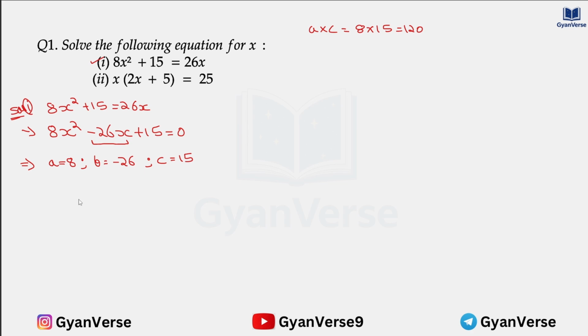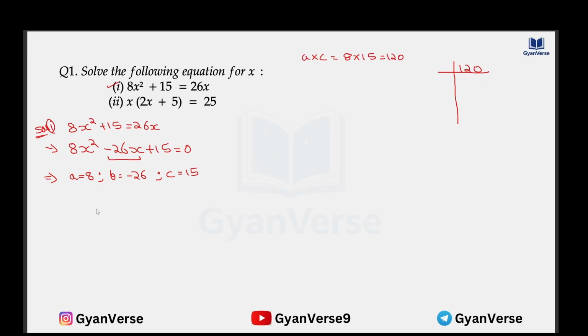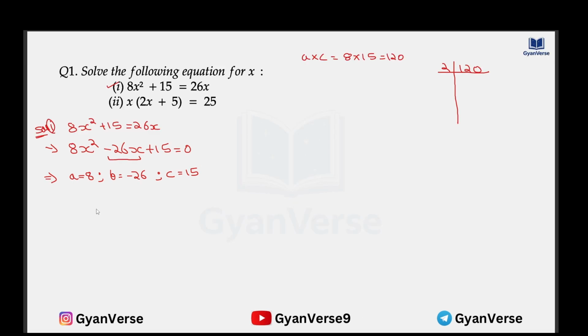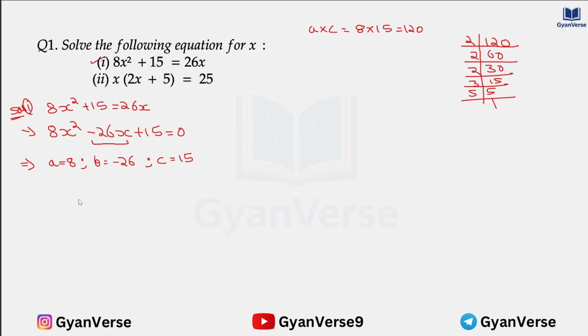Okay, now what you have to do is take this 120 and factorize it. You have to find out the prime factors of 120. So we'll quickly find the prime factors of 120. Now, these are the prime factors of 120.